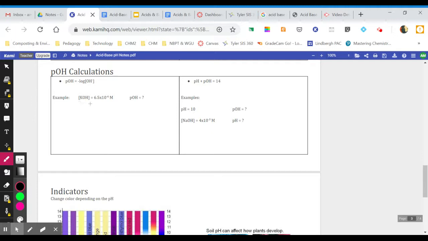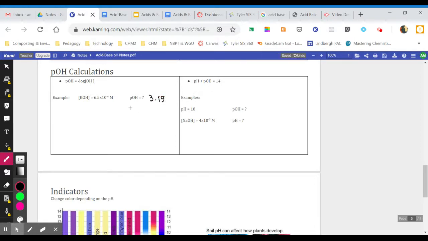So if our formula here has an OH in it, when we take the negative log of this number, we get a pOH. So the negative log of 6.5 times 10 to the negative 4 would give us a pOH of 3.19. So we can always calculate those as well.